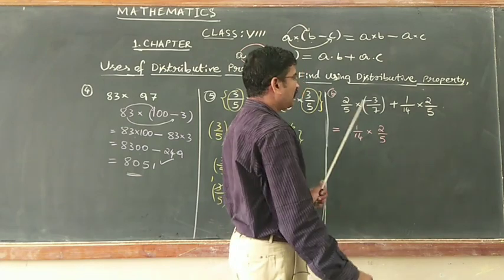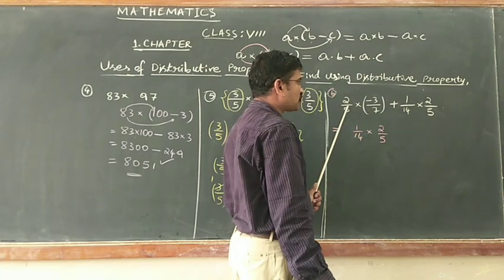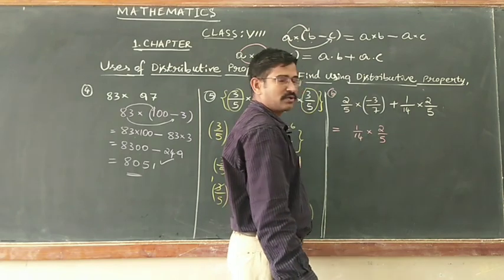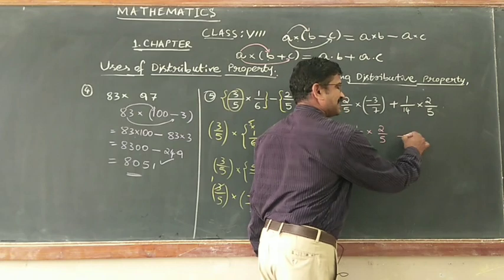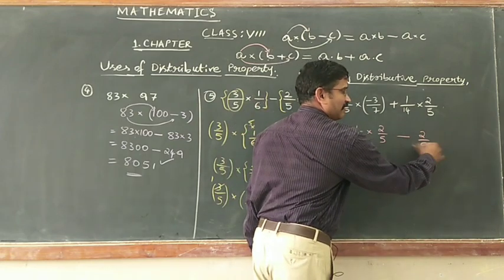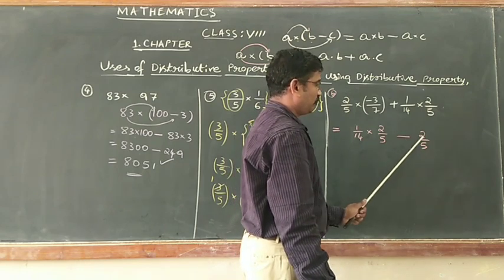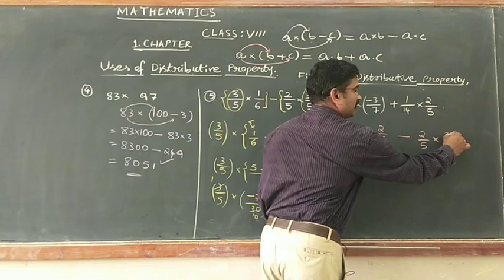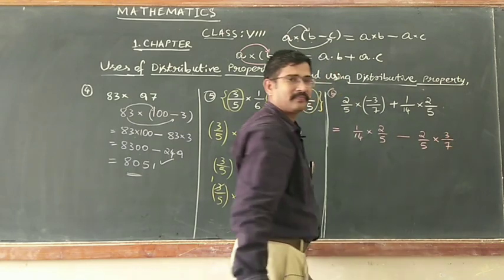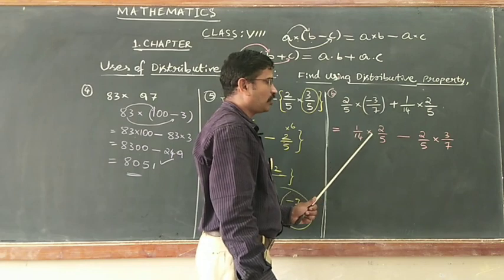Next, here I have got 2 by 5 multiplied to minus 3 by 7. So, one positive rational number multiplied to a negative rational number gives a negative result. So, I can write this in a way like minus 2 by 5 into 3 by 7. So, the same thing brought to this form.